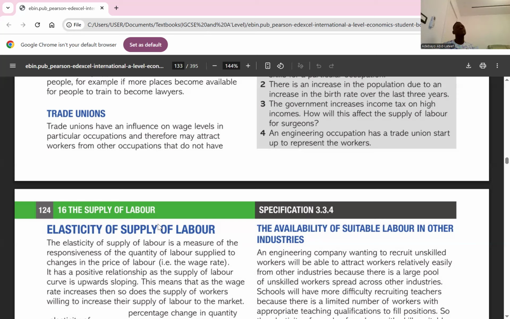Trade unions are organizations established to protect the interests of workers. They influence wage rates, and because they have power, they can increase or improve the wages of workers. If there are some occupations where employees cannot belong to a trade union, such occupations will not have that influence.